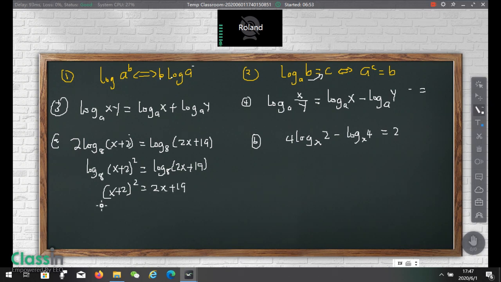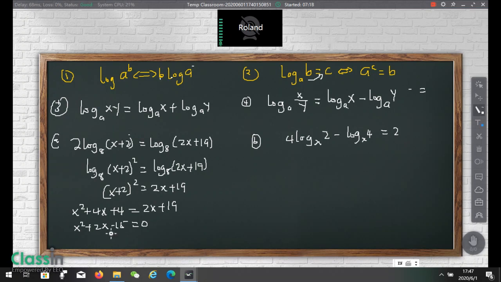Of course, we can expand the left-hand side to get x squared plus 4x plus 4 being equal to x plus 19. And this is the same as x squared plus 2x minus 15 equals 0, because 4x minus 2x is 2x, and 4 minus 19 is negative 15.